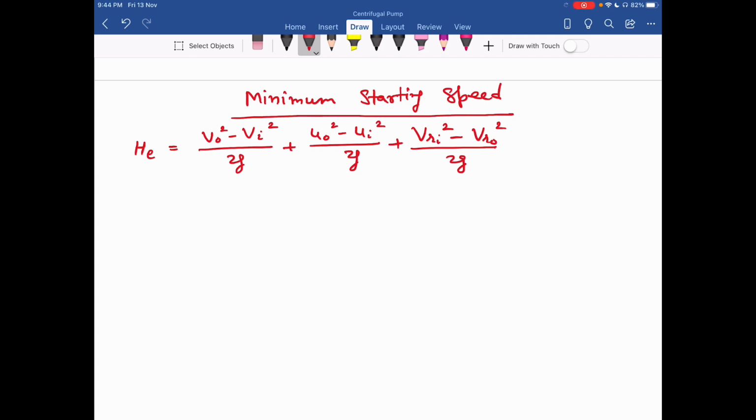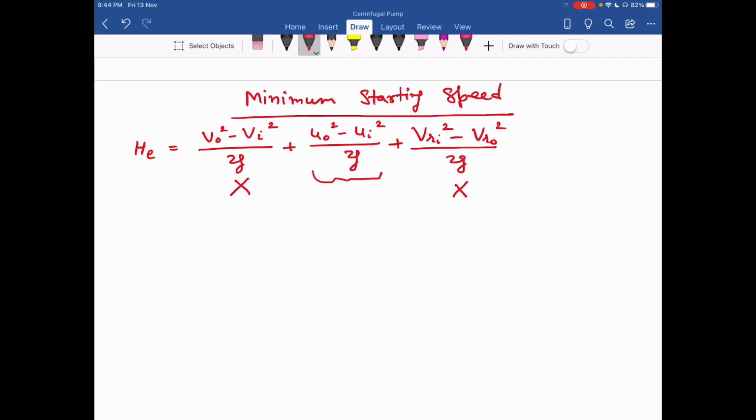The flow will start as soon as that centrifugal head developed becomes equal to the total head. So now when we start the pump, there are no velocities. That means this head is not there, this head is not there. Only the centrifugal head is available.